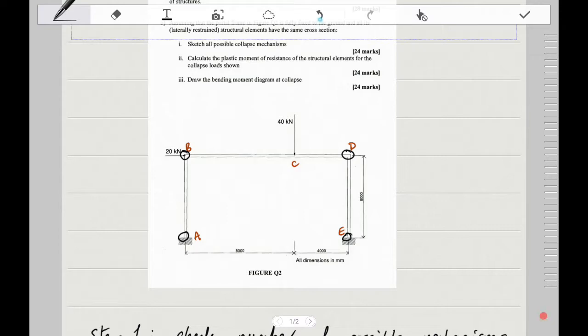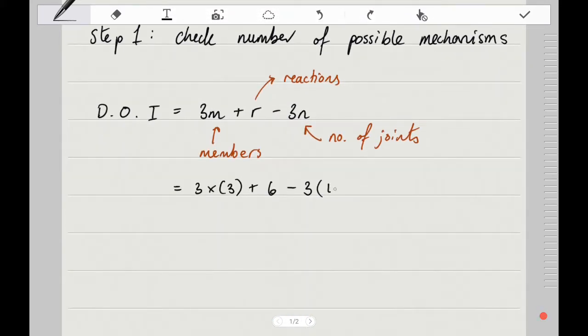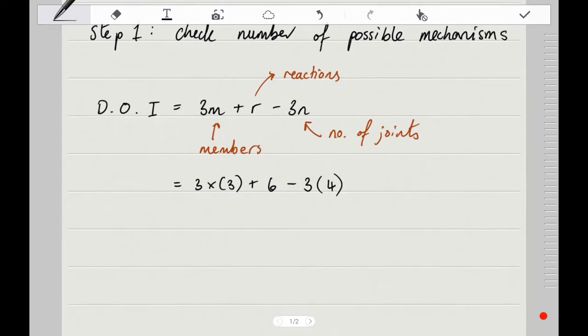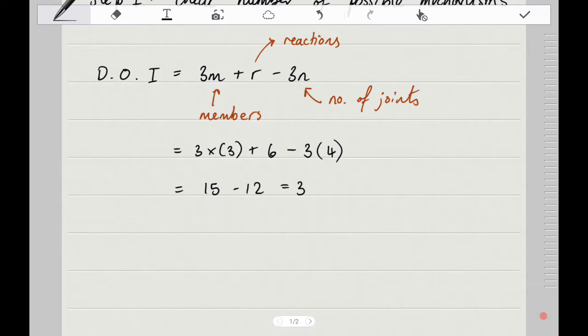These are joints, things that split up elements. And we have 4. So we end up with 3 times 3, 9, plus 6 gives you 15, minus 12. So 15 minus 12 equals 3. So we have a degree of indeterminacy of 3.